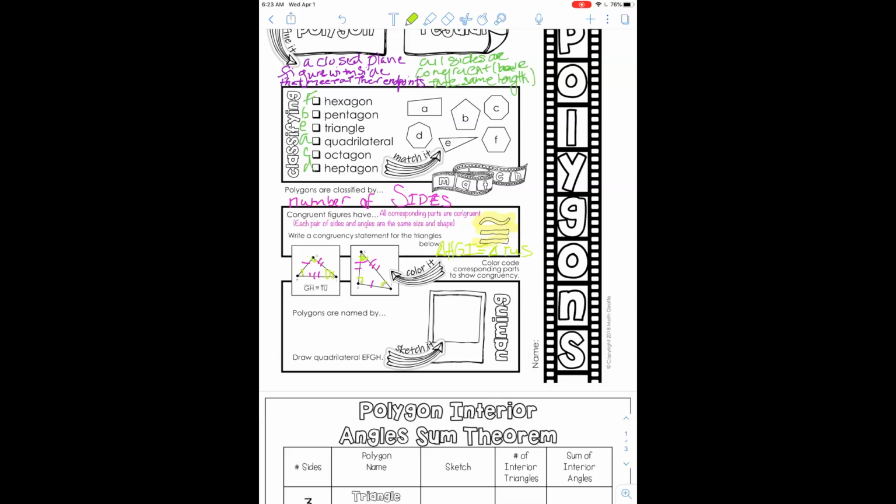So polygons are named by all of their points, or their consecutive vertices.